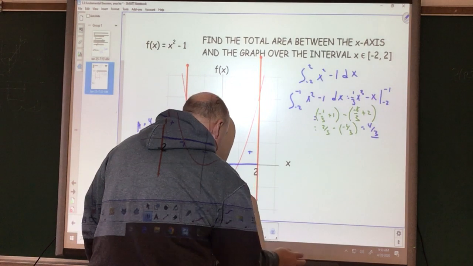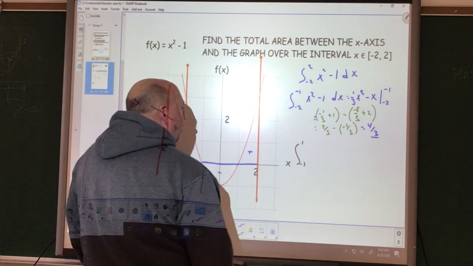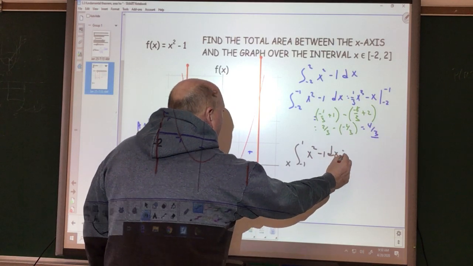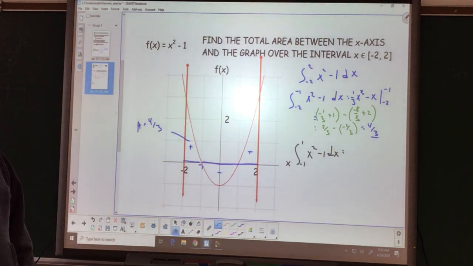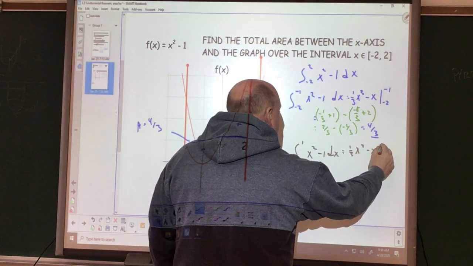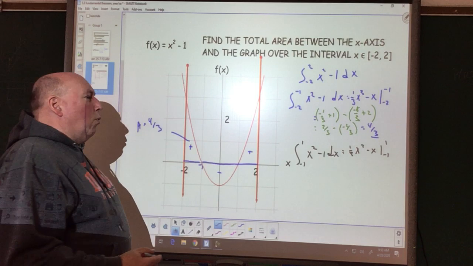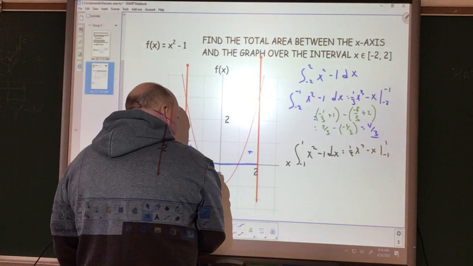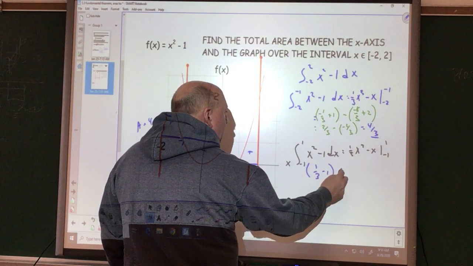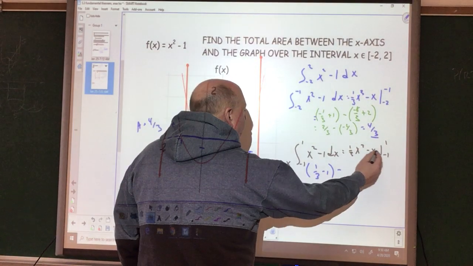Then I have a second integral from -1 to 1 of the x squared minus 1 dx. Don't forget your dx in there, please. So I take my antiderivative, it's the same thing, 1/3 x cubed minus x. I need to evaluate from -1 to 1. So if I evaluate at a value of 1, we get 1/3 minus 1, putting in 1 here and 1 there, minus my evaluation at -1.